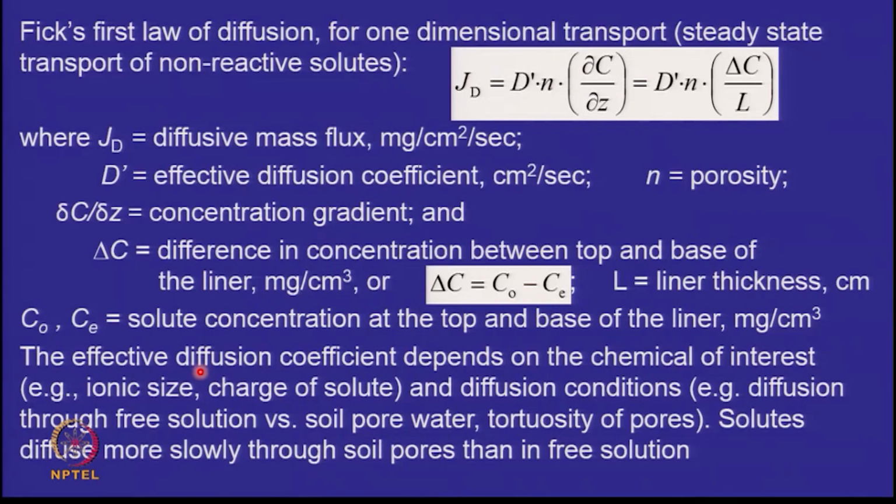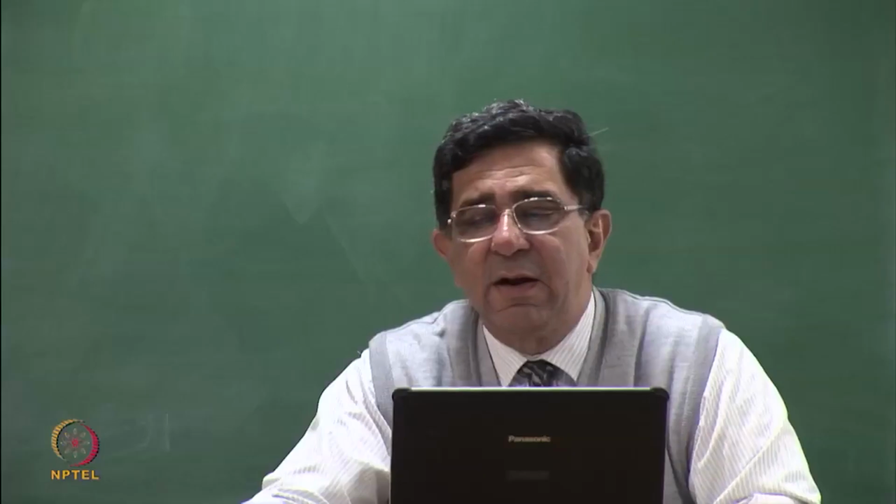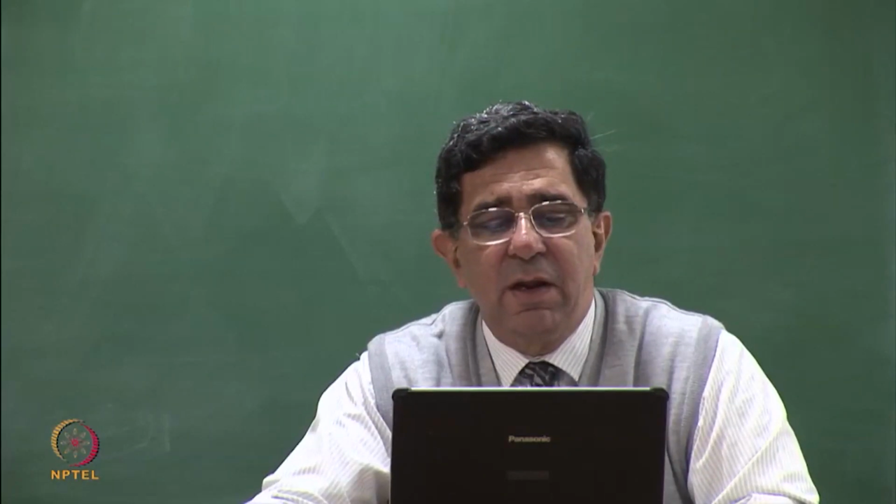And the formula that we use is called Fick's law of diffusion. We have done JA earlier. JD is equal to the effective diffusion coefficient D dash into the porosity, into the concentration gradient. Please have a look. So here we are saying 600 milligram per liter at the top, 0 milligram per liter at the bottom.